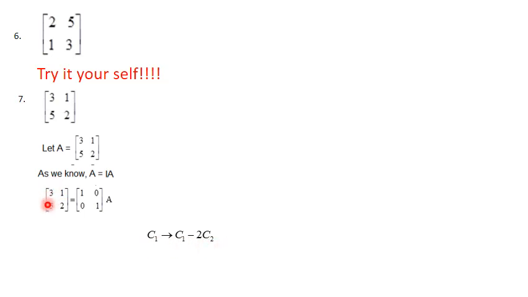See, for example, this is C1 and this is C2. From 3, if you subtract 2, we will get 1. So to get 2, we have to multiply the C2 element with 2, then subtract from 3, and we will get this element as 1.